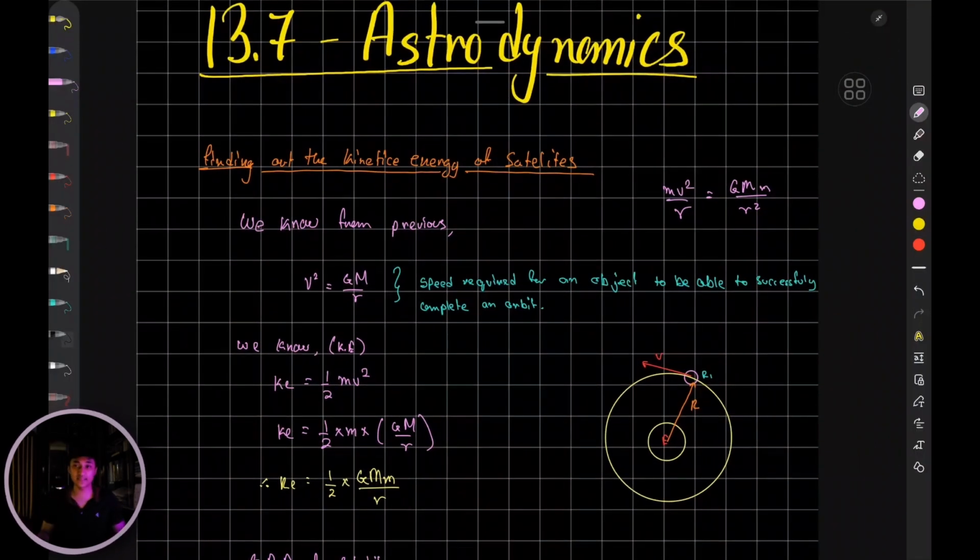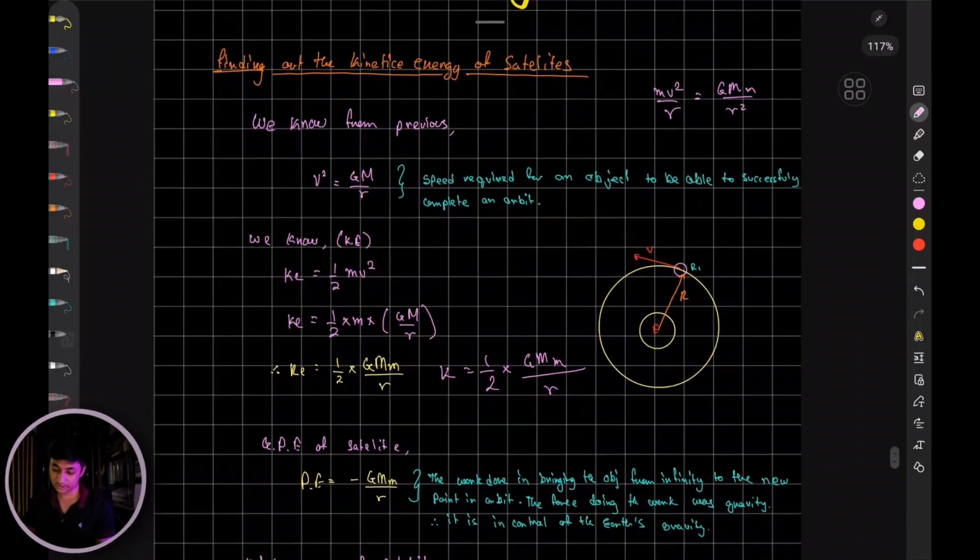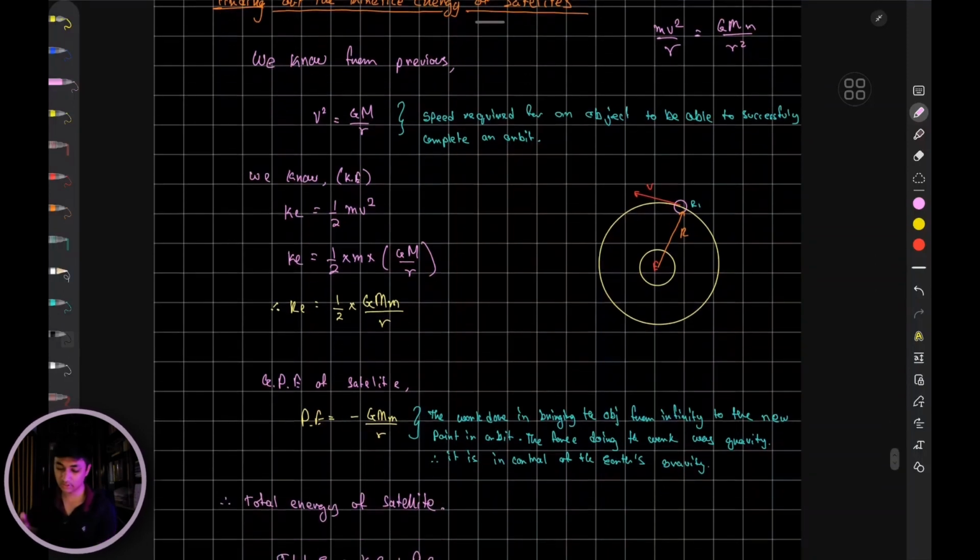Now, to find the kinetic energy of the satellite, we know the formula for kinetic energy is half mv squared, and we know the expression for v squared is GM by r. Plugging that in, KE is half times GMm by r. So that is its kinetic energy.